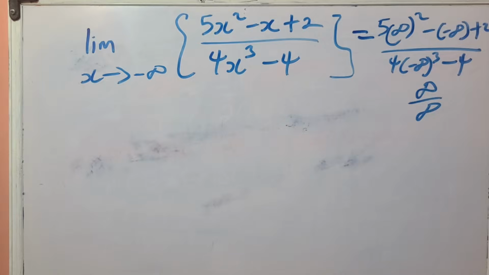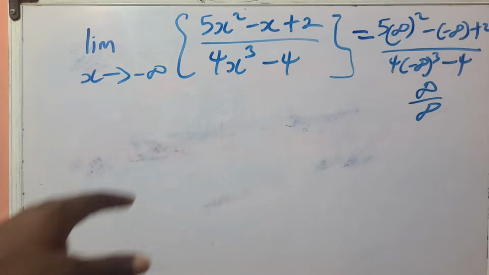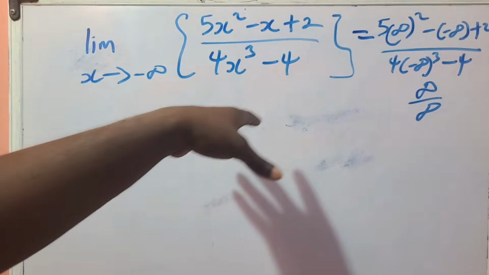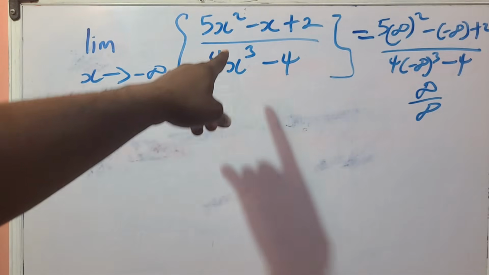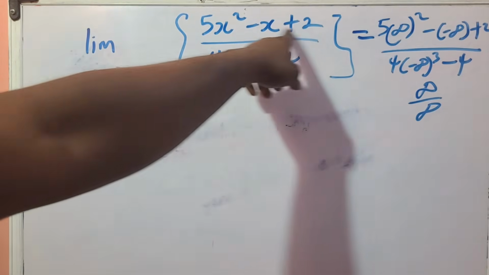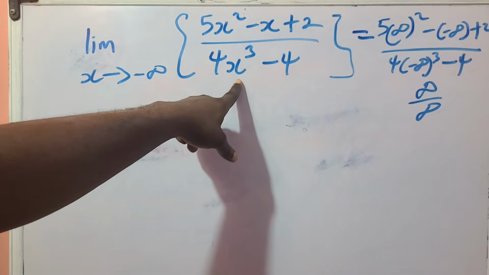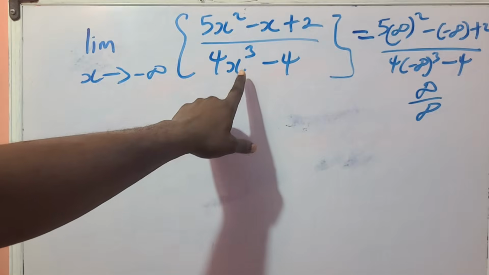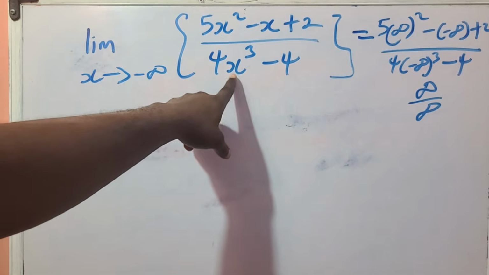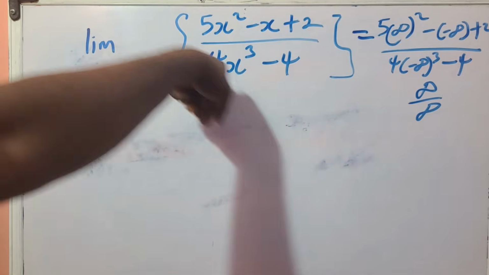So what you want to do in cases like this is to divide. You want to first work on this expression within the bracket. You want to divide every one of the elements in this expression by the highest power. So your variable with the highest power, you want to use to divide through.